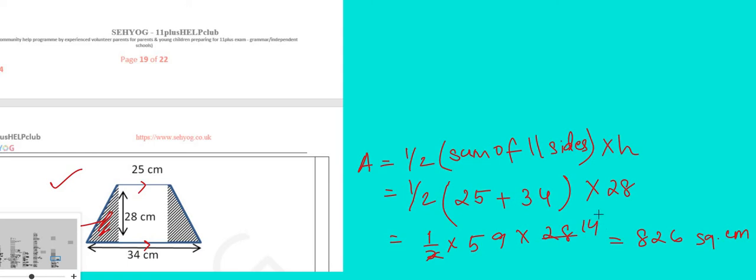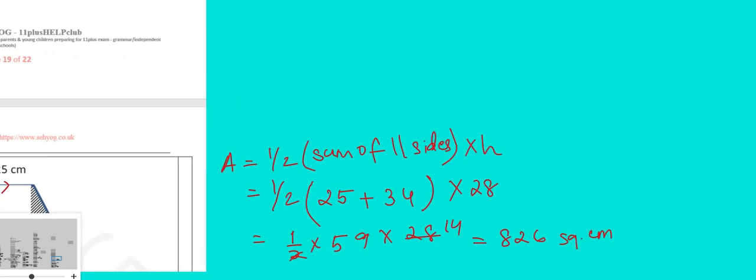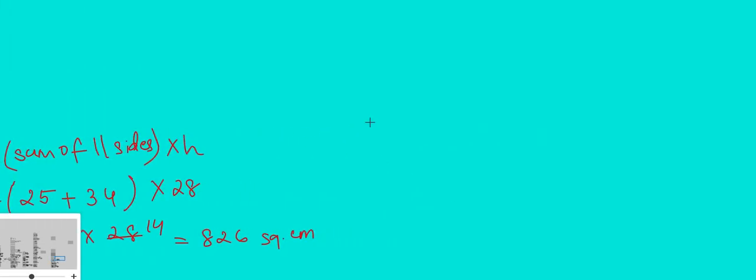Now the area of the rectangle. Now we have to find the area of the rectangle. Now the area of our rectangle is equal to 25 into 28, which is equal to 700 square centimeters.